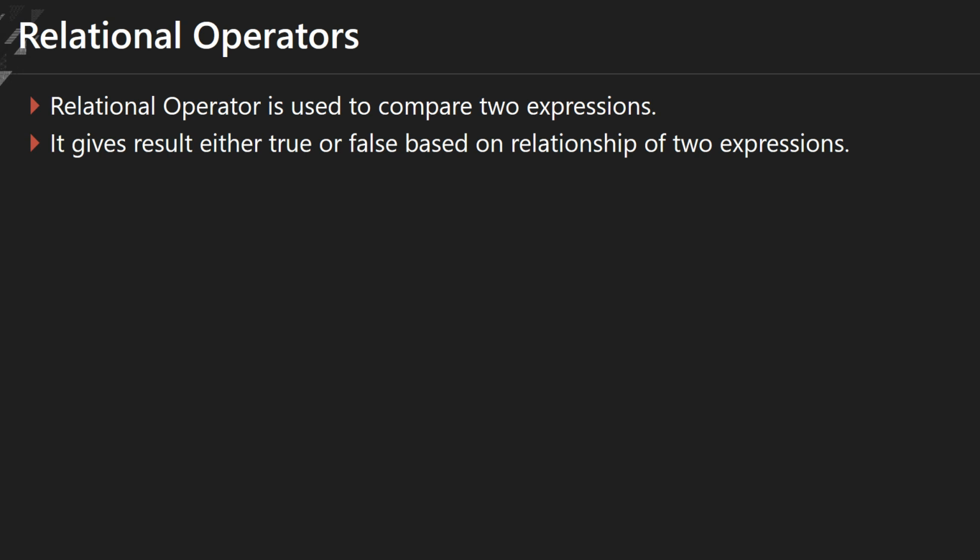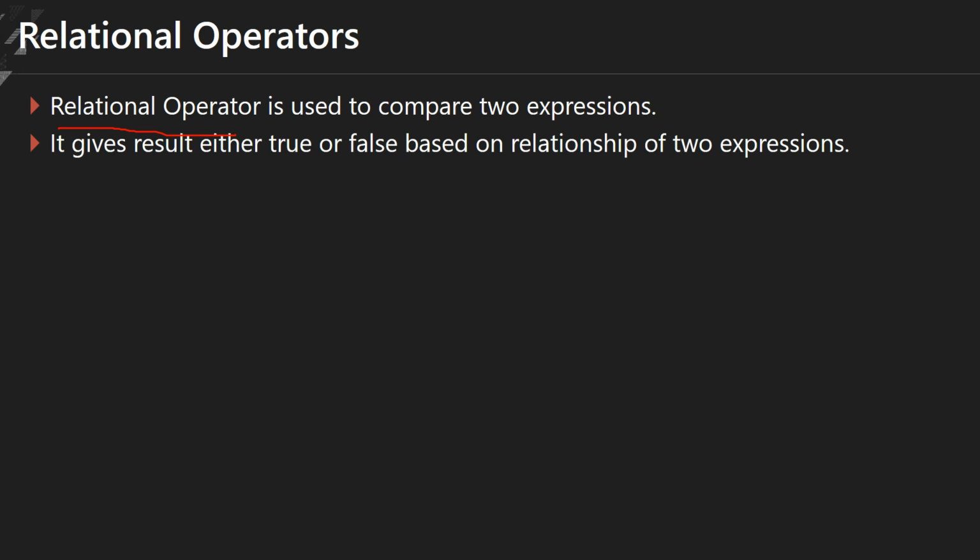Before moving to the if statement, how do you check the condition? Here we are using relational operators. A relational operator compares two expressions, expression 1 and expression 2. Depending on the relationship between the two expressions, whether it is true or false, we take the decision.